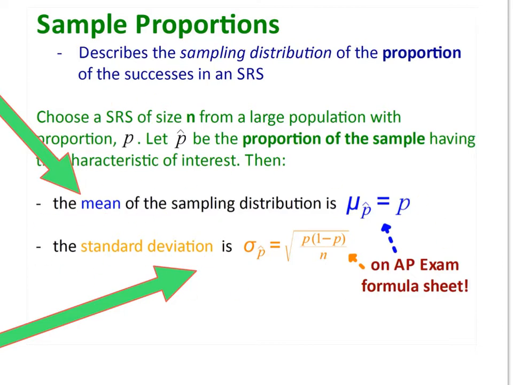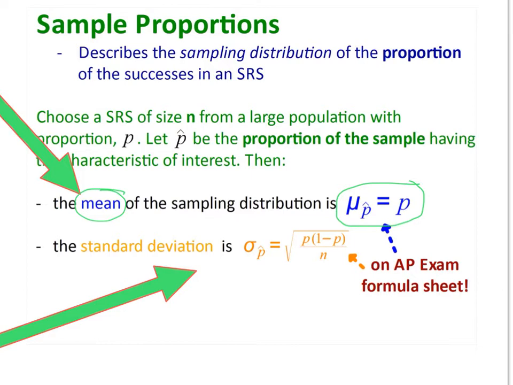All this is saying is that we have a large population that's centered at P, and P hat is the proportion from the sample. So we just talked about the mean of my sampling distribution being centered at the true P. So whatever this population proportion is, the sampling distribution is centered there.